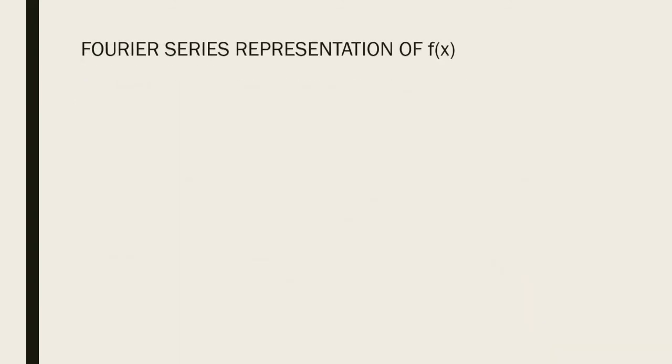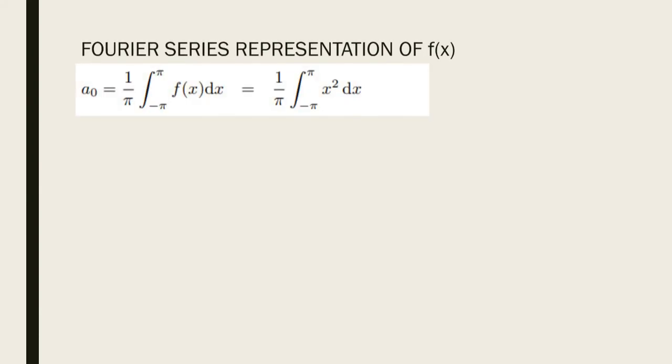So let's solve first for a naught because that's the easiest part. From the formula earlier, a naught is equal to 1 over L times the integral of f of x dx from negative L to L. We have already substituted L there. Our L is half the interval. Our interval is 2 pi, so our L is just pi.